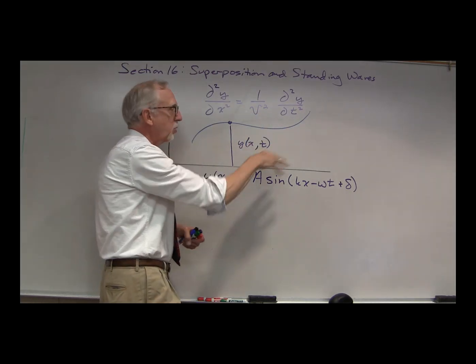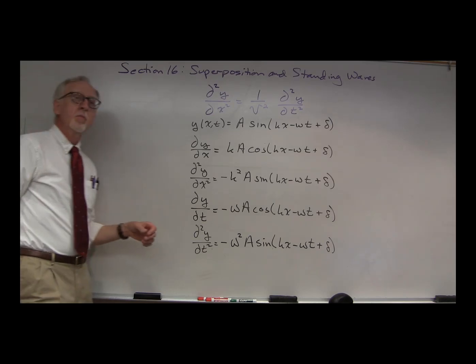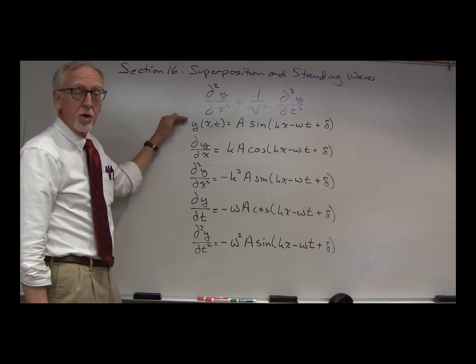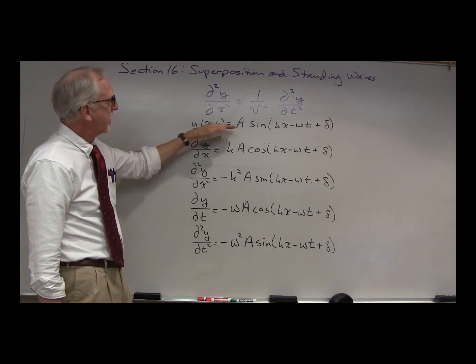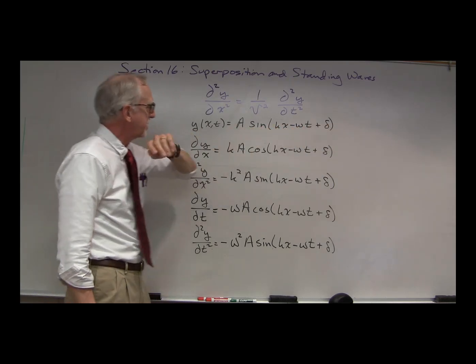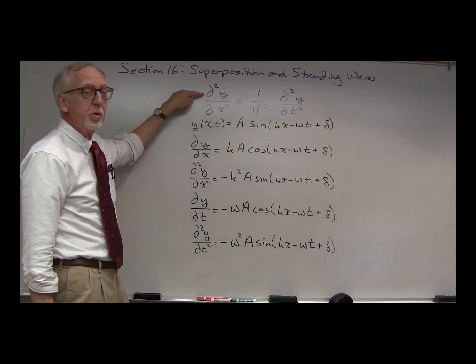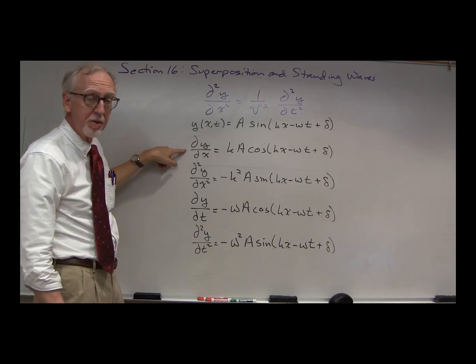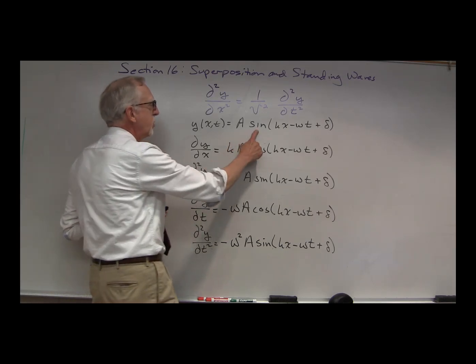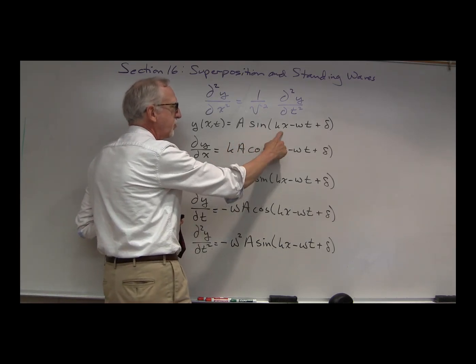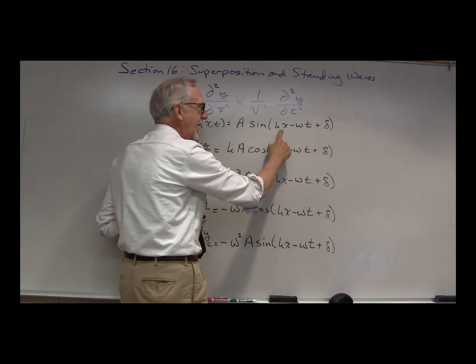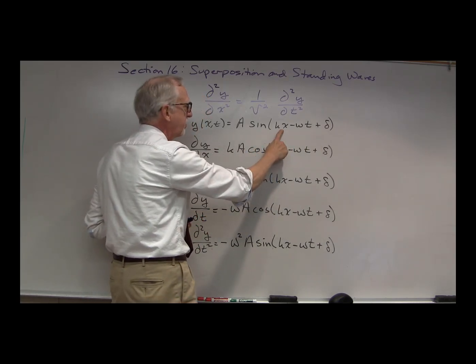Okay, let's do that. I'm going to erase some of this and we'll do that. So, starting out with our solution, y of x and t equals A sine of kx minus omega t plus delta. We differentiate with respect to x, so the partial derivative with respect to x. The derivative of sine goes to cosine, then we differentiate the argument, but assuming that x is the only variable, that brings out a factor of k.